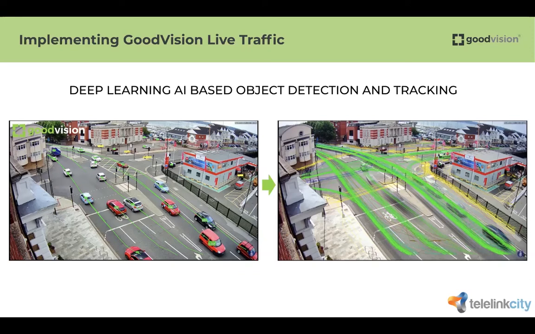And then the other algorithm is able to track this object throughout its movement in the frame. This way we get these really nice trajectories of different objects. And moreover, we are able to classify the objects as trucks, buses, vehicles, or people and bicycles even.